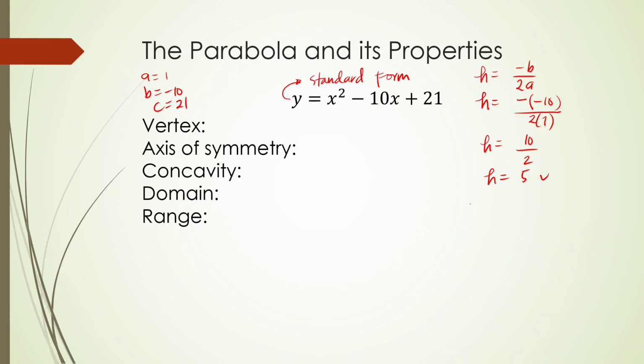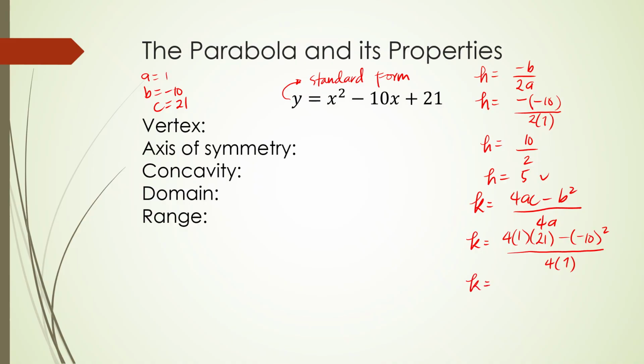Now, to find out the value of k, this will be 4ac minus b squared over 4a. And the value of k here is 4 times 1 times c, which is 21, minus b, which is negative 10, squared, over 4 times 1.